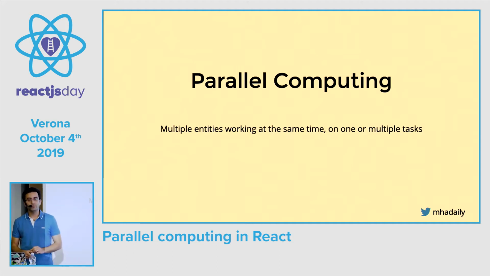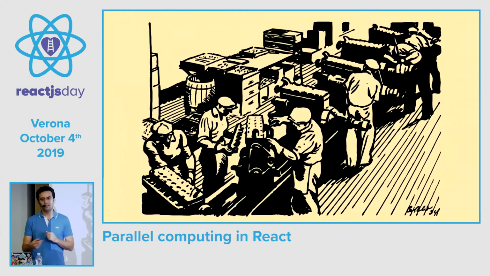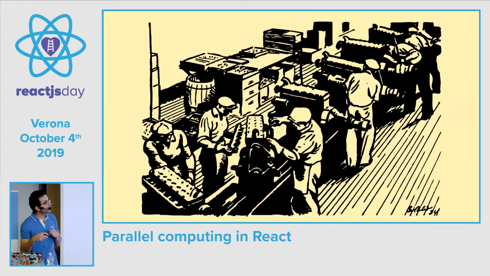What is parallel computing? When I say parallel computing, I mean multiple entities working at the same time on one or different tasks, or multiple tasks. You can think of it like this picture. They are all producing one thing, or maybe different things, and different entities are working at the same time, right?